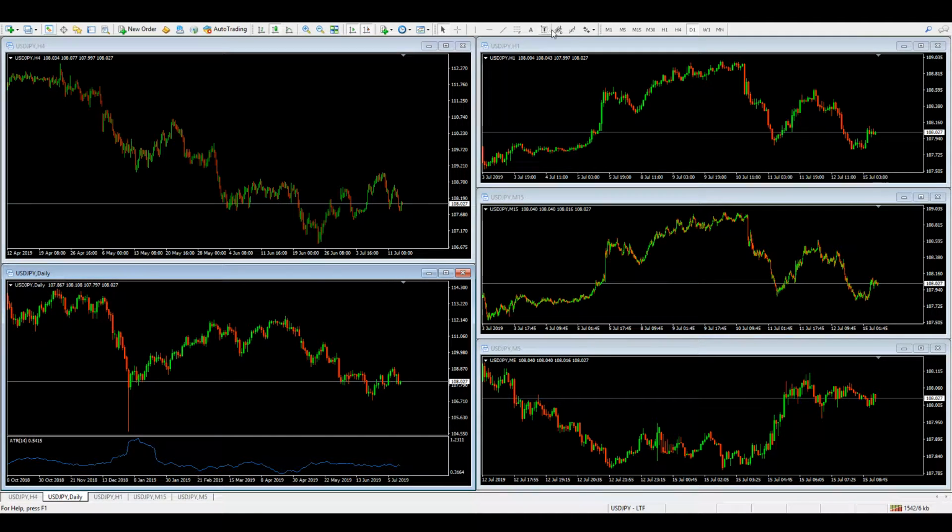One of the ways that I look for value for money is, in terms of seeing whether it's overbought or oversold, to use this tool here. This is a standard deviation channel, so you can get this in MetaTrader from your charts.